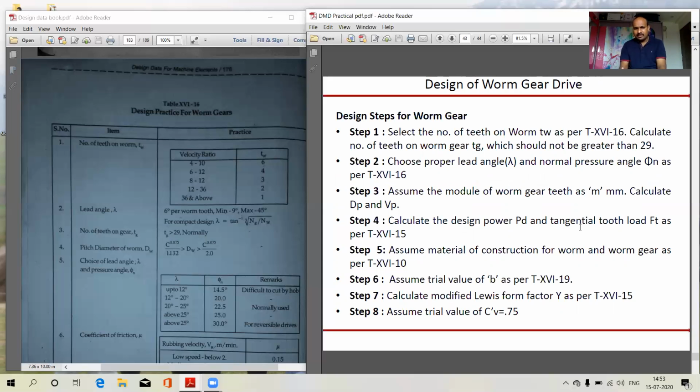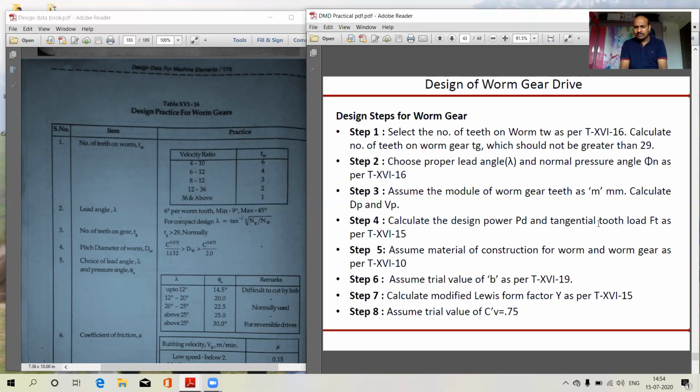So it is calculated as we discussed in the theory lecture also. Module is basically PC upon pi, that is circular pitch upon pi. I already derived in the theory class how module comes as PC upon pi. So it is not possible in these steps, but I already told you in the theory class that we have to implement it here.